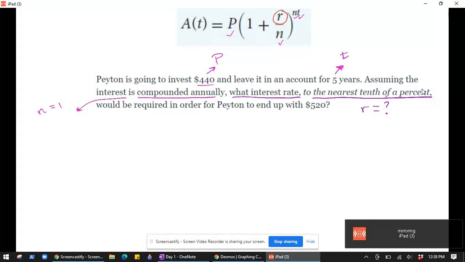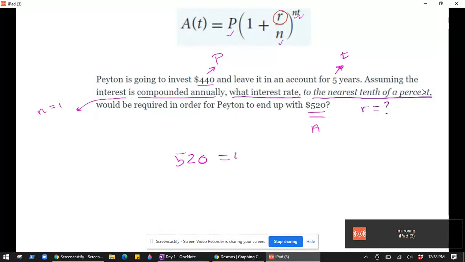I told you that we're solving for the r value, which means we still need that A to turn into a number, and you'll have to read to the very end. It says what interest rate would be required for him to end up with $520. That is our A, or our A of t if you use function notation. So let's write this all down. Our A is $520.